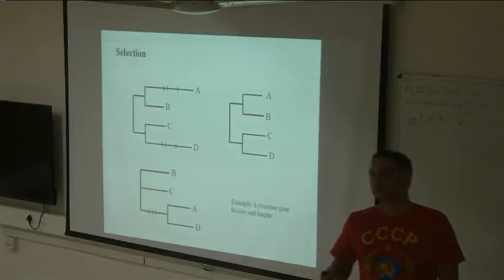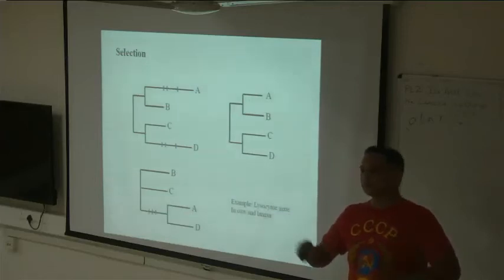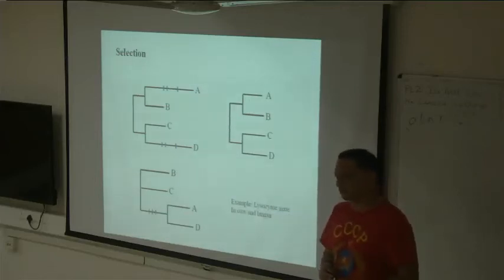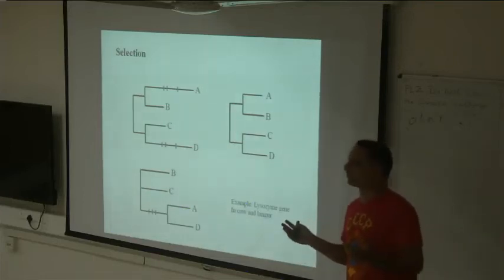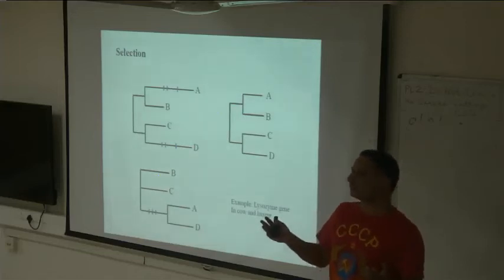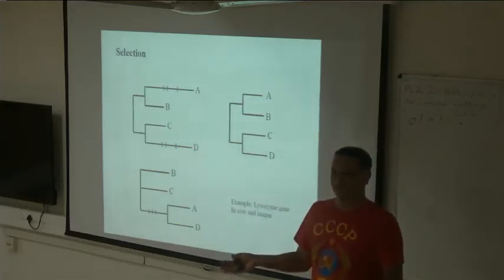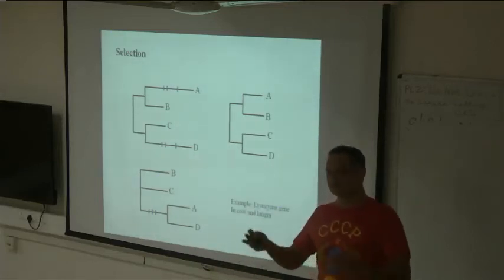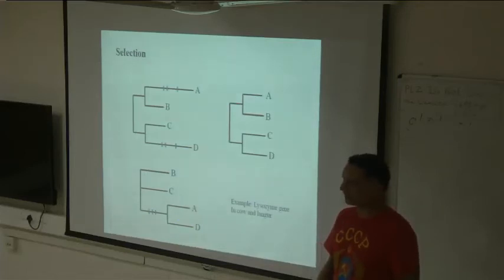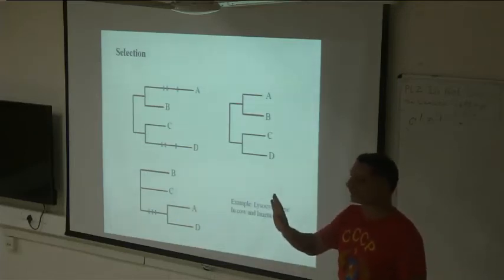Ideally, one should use neutral markers, but neutral markers are difficult to come by because most of the sequencing that has been done in the last 30, 40 years has been some gene or the other, right? So all the information in terms of primers, sequences are there for the genes. Now, as long as the genes are under negative selection, it's okay.